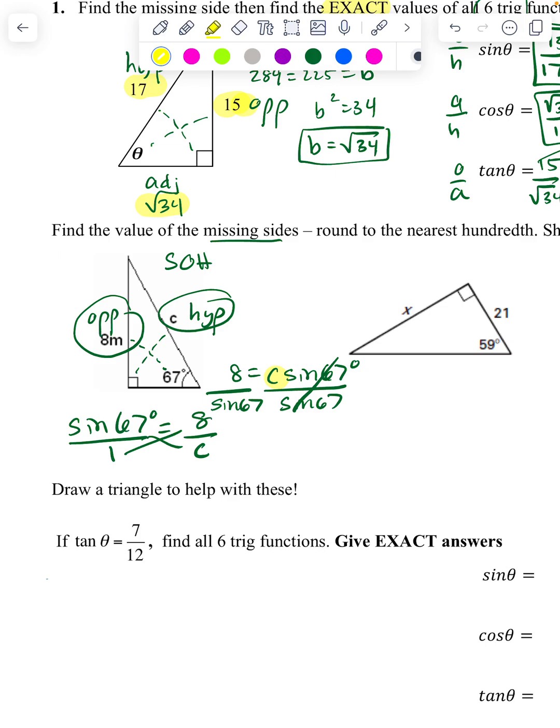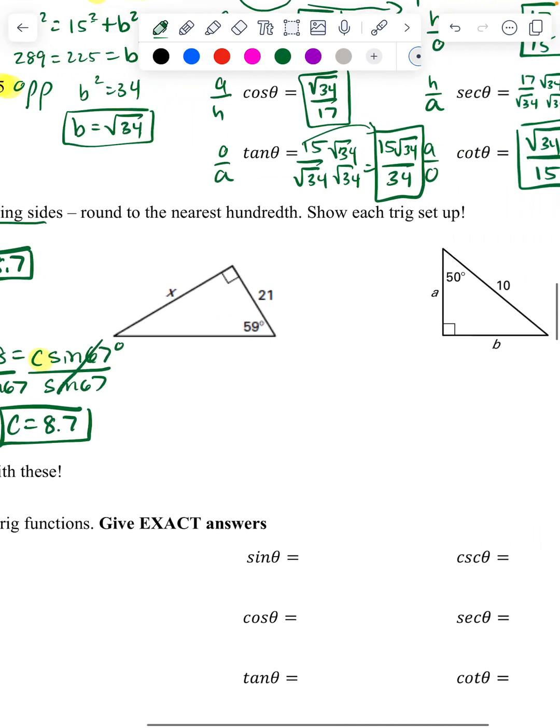So on my calculator, I'm doing 8 and I'm dividing it by the sine of 67, and I'm coming up with about 8.7 as my length for the hypotenuse. And that is longer than the other side, so that's good.